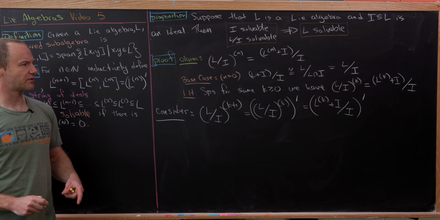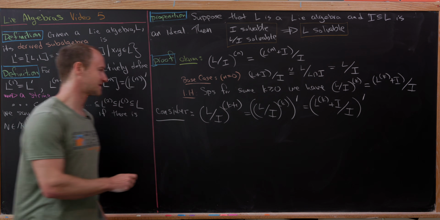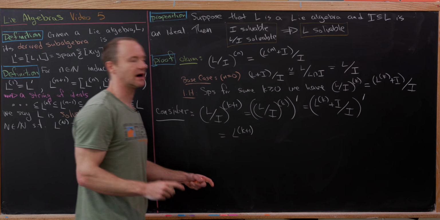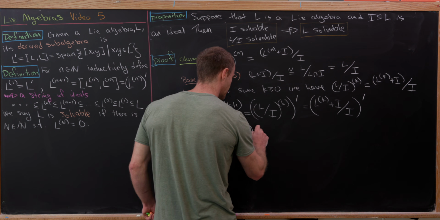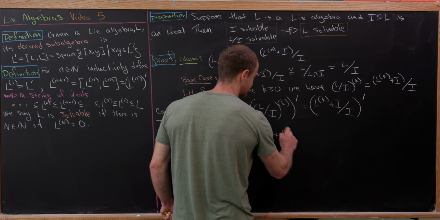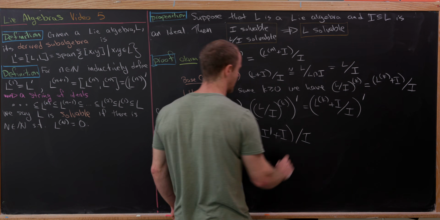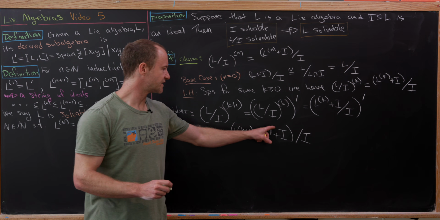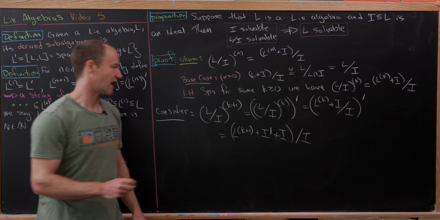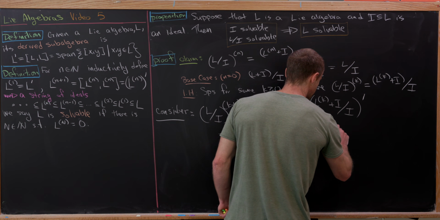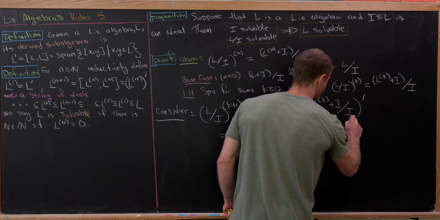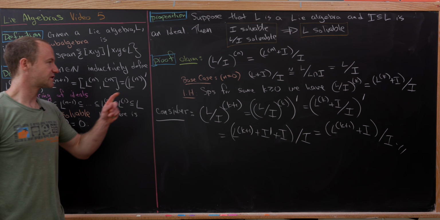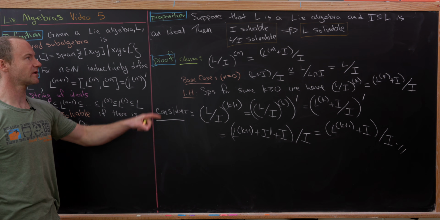Then that's going to give us L upper k plus 1, because that's the same thing as L upper k prime, and then plus I prime plus I, and then this is all mod I. But next up, we know that I prime is a subset of I. So that means we can absorb this I prime inside of I, meaning that this is equal to L upper k plus 1 plus I mod I, as needed. So there we have it. We've proven the claim and we're ready to look at the result.